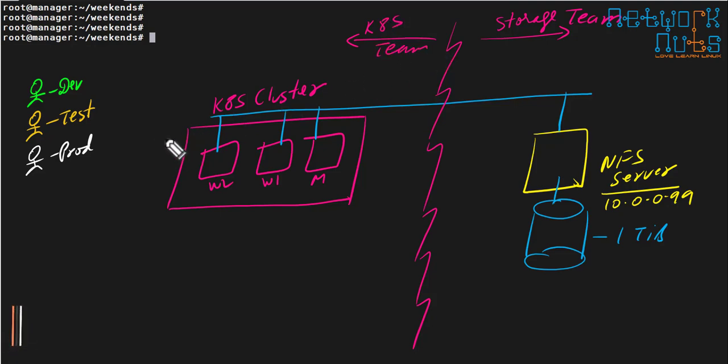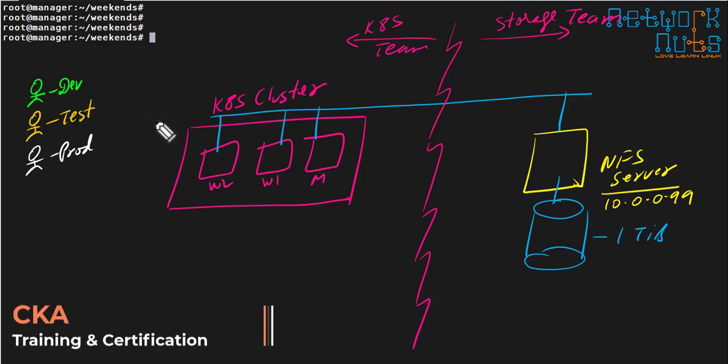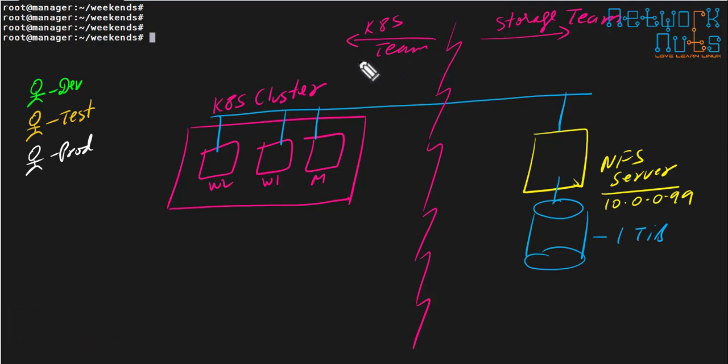For every application for which you want storage available, you have to request the storage team to create a folder and share it in the NFS. Let's suppose dev is trying to create an application, say ABC, and they need storage. They have to request the storage team. Then the storage team will do mkdir ABC, create a folder, and then modify the entry in etc exports.